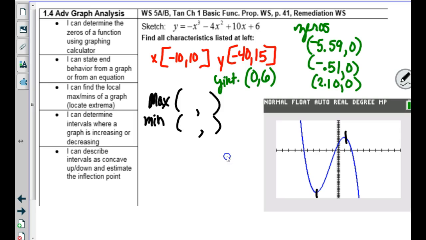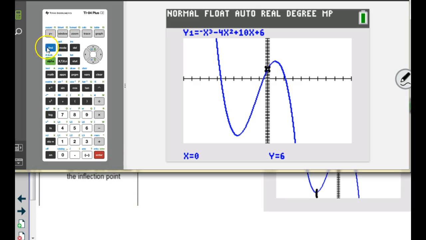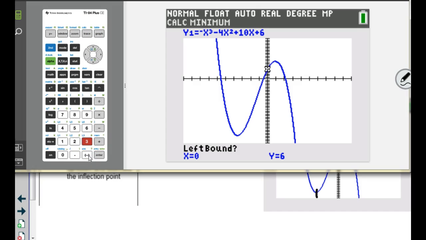Everybody have them in? Nice and loud? Because it shouldn't take that long. -3.59, -35.18. Someone else getting that?